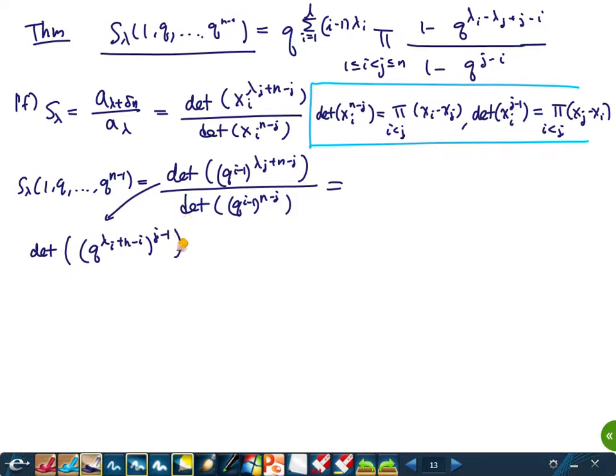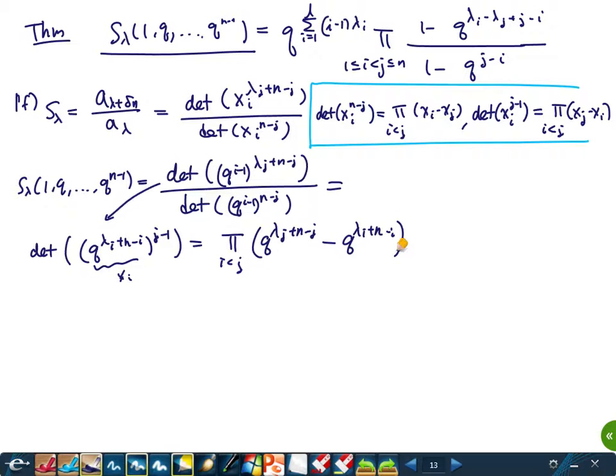So j minus 1, that thing. I just exchanged i and j. This is exactly of this form over here, if you think of this as x_j and x_i. So this one is equal to the determinant, i less than j. You write j first. So x_j is q to the lambda j plus n minus j, and x_i is lambda i plus n minus i.